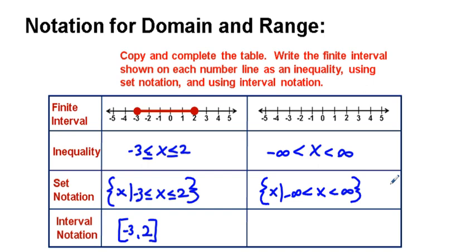You may have seen that, the script R, which means all real numbers. You'll run into that sometimes. What is interval notation? Well, we just have open parenthesis, negative infinity, comma, infinity. This represents all real numbers. You see how interval notation is a pretty handy notation? There's really less to write, and so it's more concise than most of the other notations.